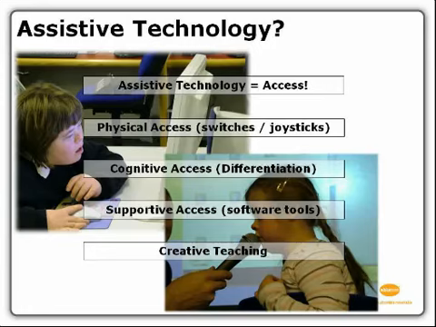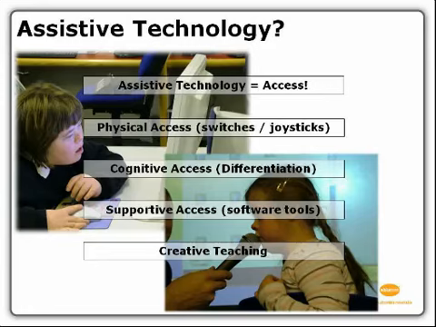Without it, many of our students would struggle to interact with technology and to interact with the curriculum that we're trying to teach. So it's important for us as educators that we have an understanding of what that technology does, who it's for, who would get benefit most from using it, and ways in which we can use it which are not about the technology themselves.